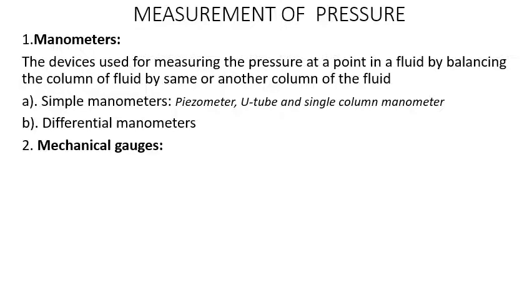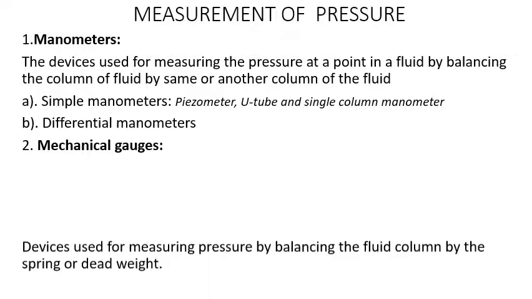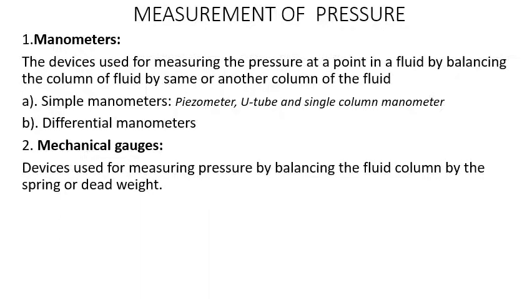One more method is that pressure values can be obtained directly by using mechanical gauges, devices used for measuring pressure by balancing the fluid column by the spring or dead weight. There are different types of mechanical gauges used.